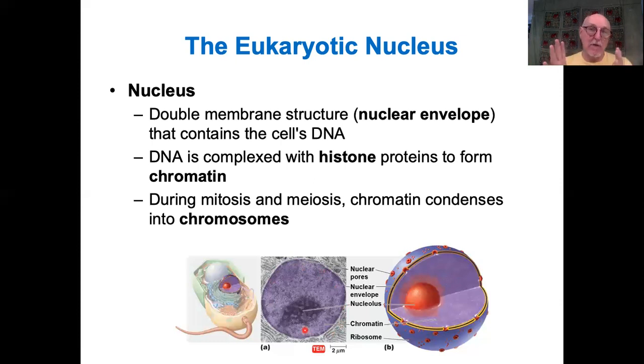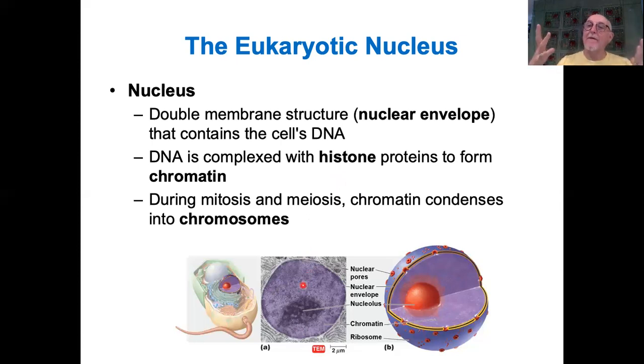It is extremely well organized because the cell has to be able to efficiently access the genes which need to be operated. So that is part of the function of these histone proteins, is organizing the DNA. For the most part of the cell's lifespan, the DNA is in an uncondensed state.